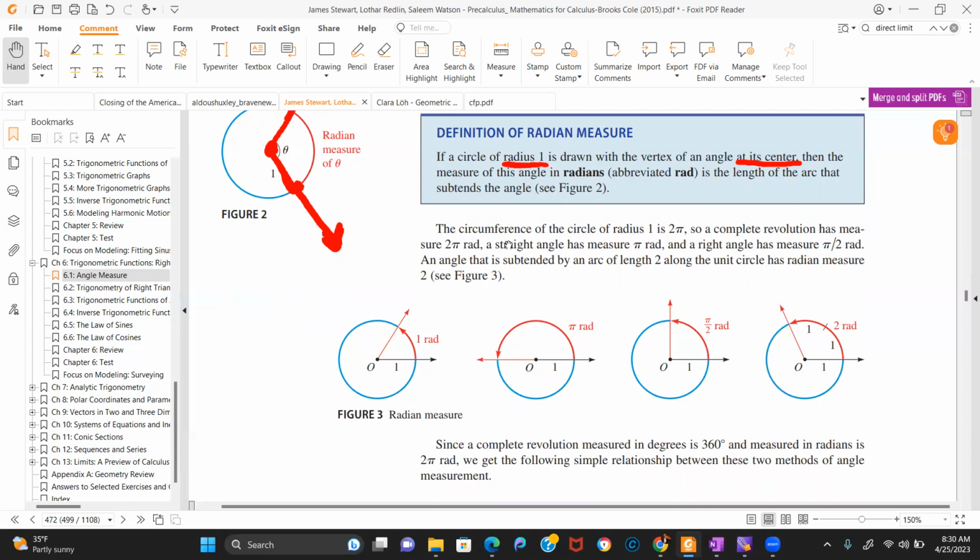So as it says here, the circumference of the circle of radius 1 is 2 pi. So a complete revolution has a measure of 2 pi radians.